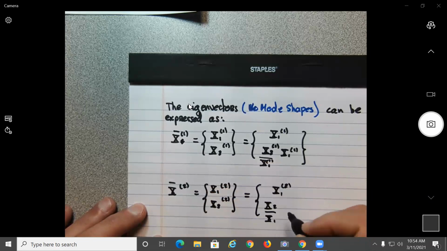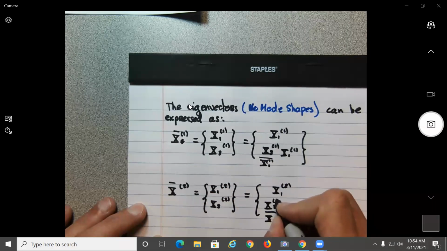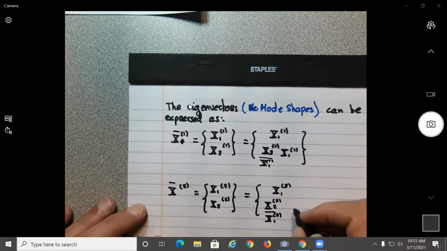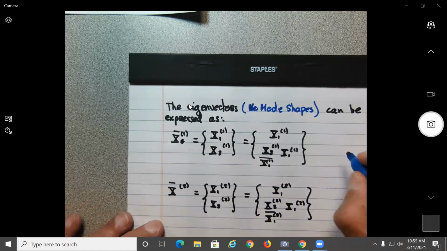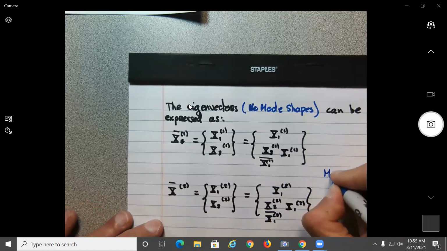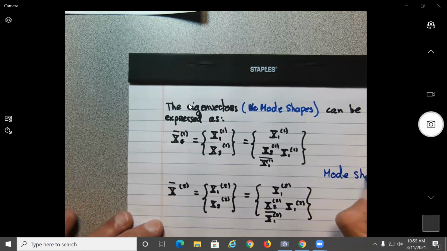I'm going to put the value at the end, it would be easier, so it should be 2,2 and 2. So these are the eigenvectors, but remember them as the mode shifts.